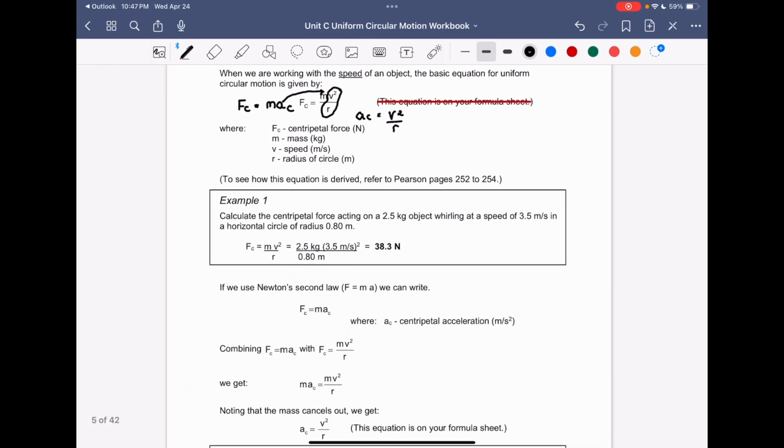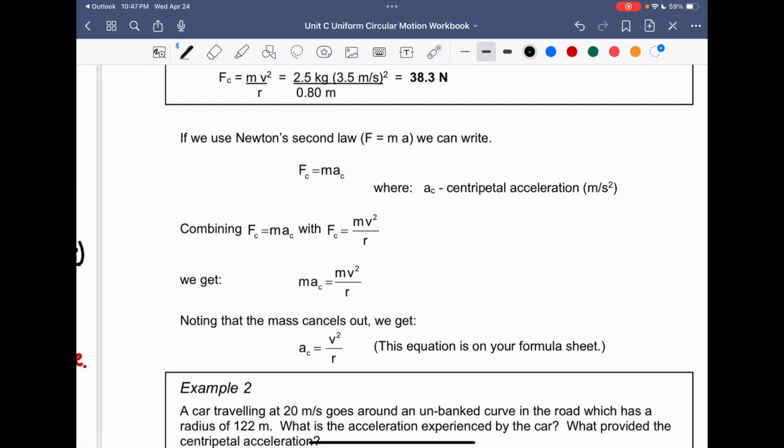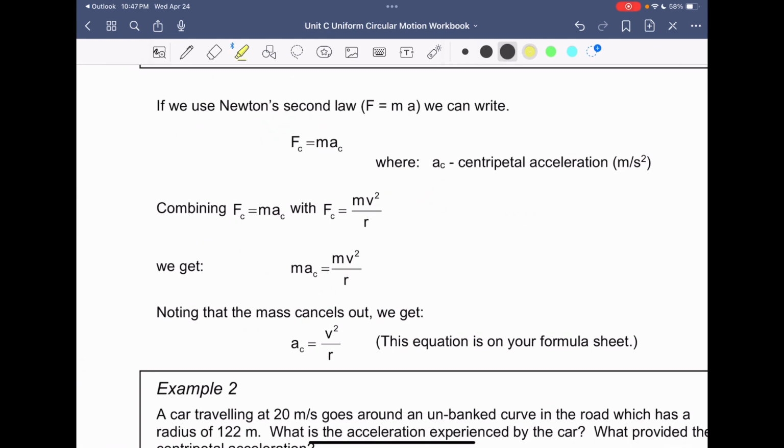Now, if we zoom out here, something to notice is exactly what was just discussed above. So don't feel like you have to rewrite anything or go into detail, but I just want to reemphasize that Newton's second law gives us the idea that a force is mass times acceleration. We reclassify it to an Fc, a centripetal force, a center-seeking force, equals mass times the centripetal acceleration.